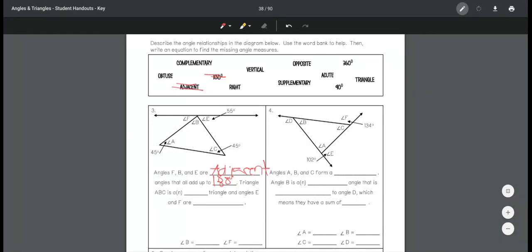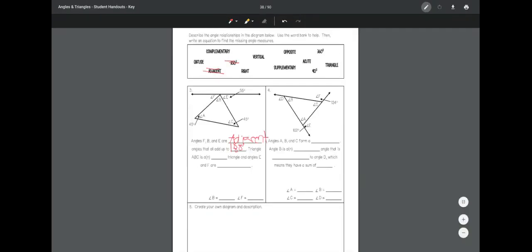So 180 degrees minus 45 times 2, because we have 2 of them, is 180 degrees minus 90 degrees, which gives us 90 degrees. But it's also a right triangle. So we just said that angle B right here is 90 degrees because 180 minus 45 times 2 is 90.